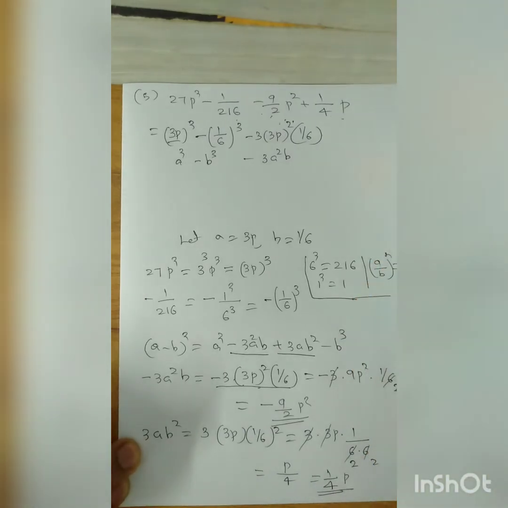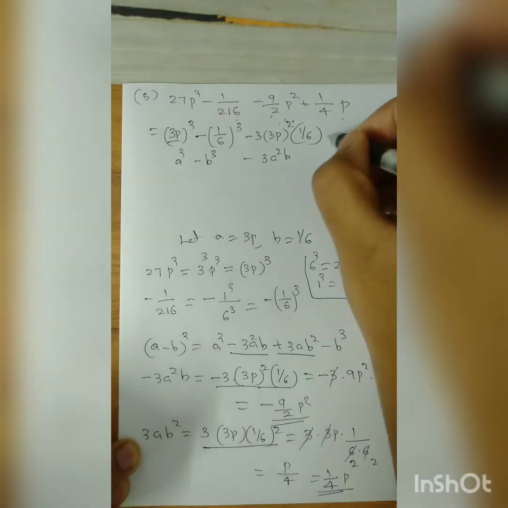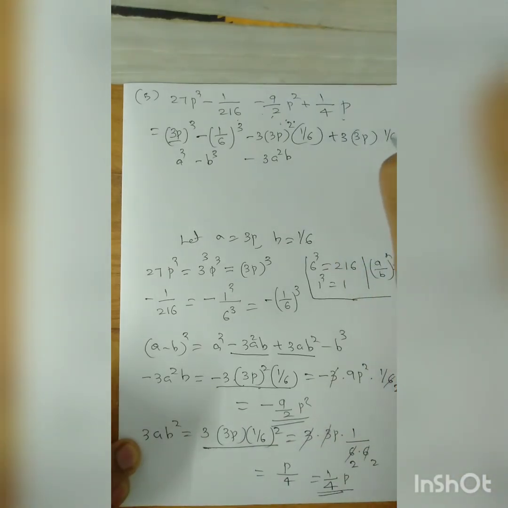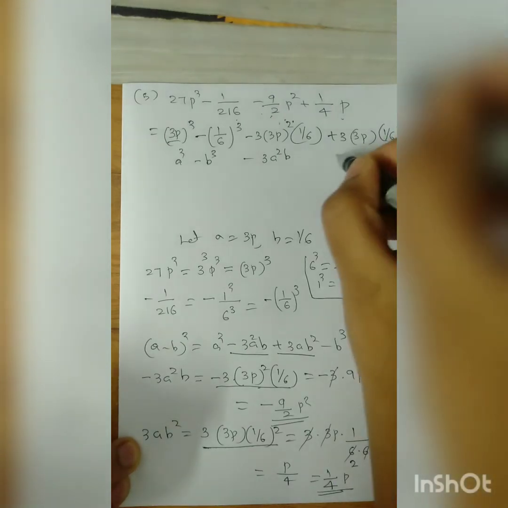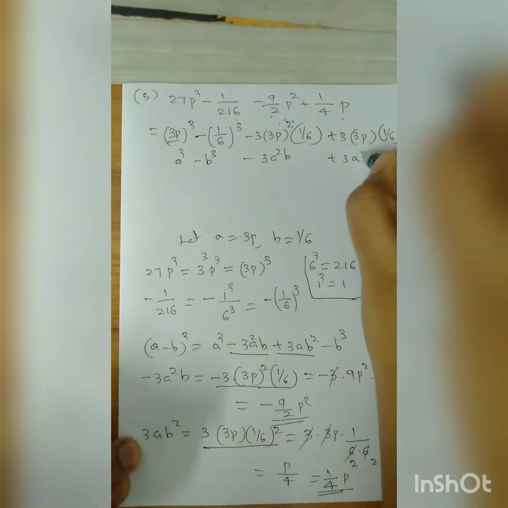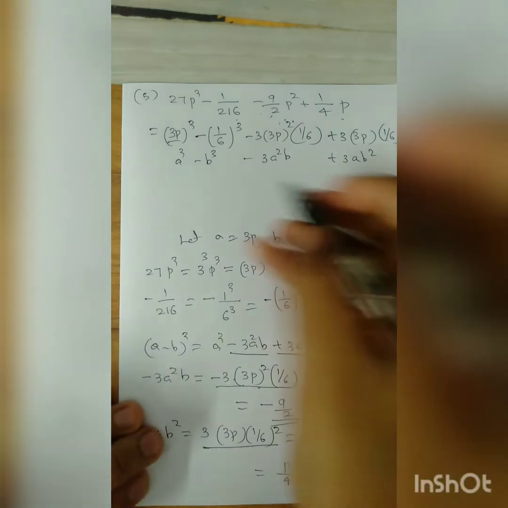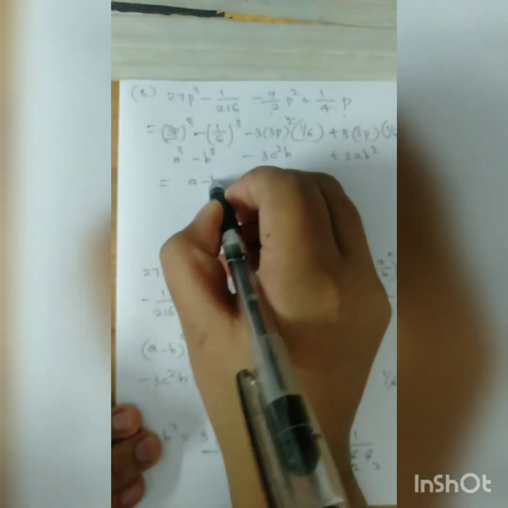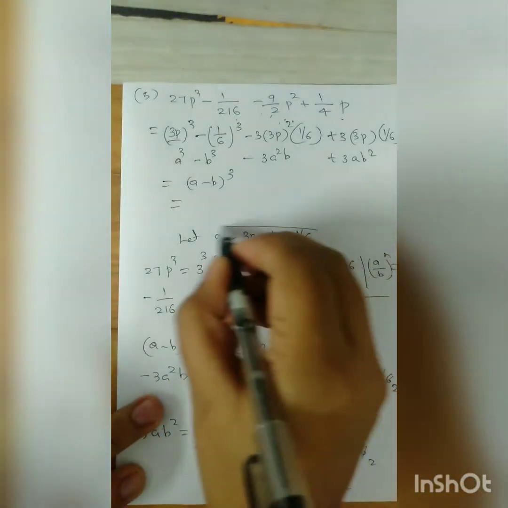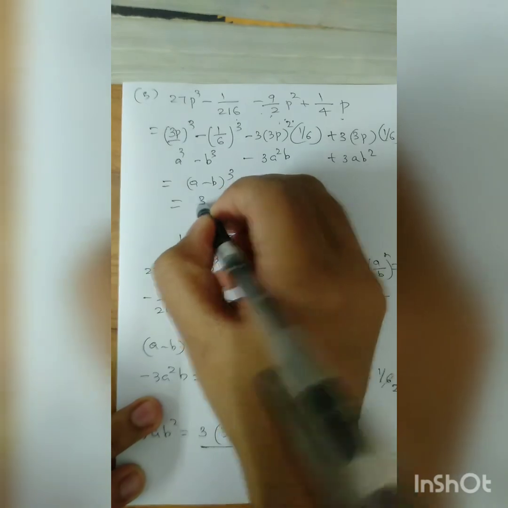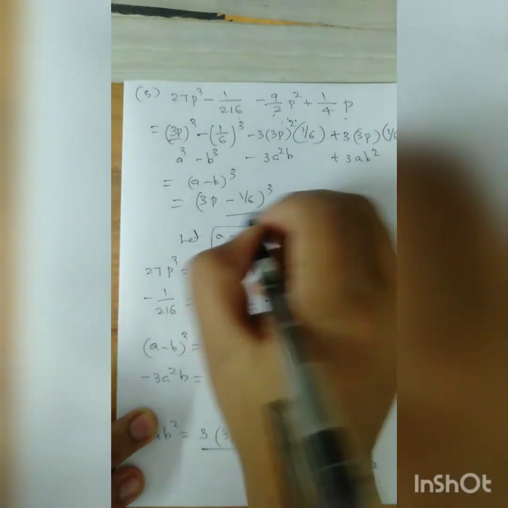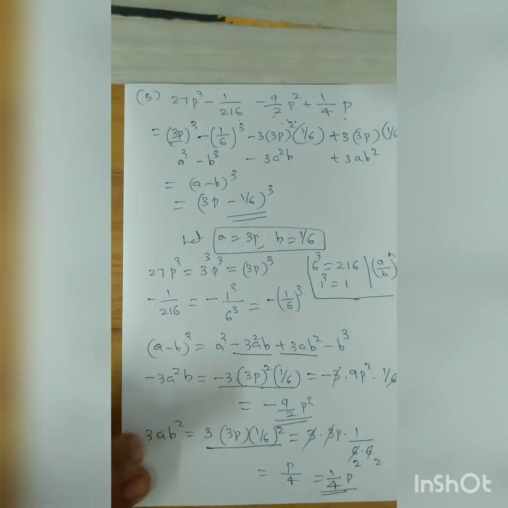That is, the term 1 by 4p can be written as plus 3 into 3p into 1 by 6 the whole squared. This is in the form of 3ab squared. So which is equal to a minus b the whole cubed. Here a is equal to 3p and b is equal to 1 by 6. So 3p minus 1 by 6 the whole cubed is the answer. Okay, thank you.